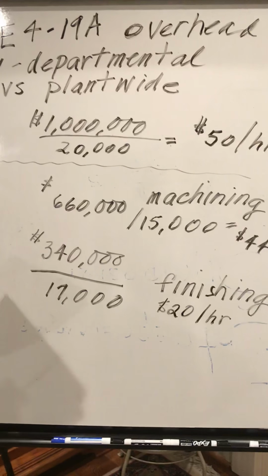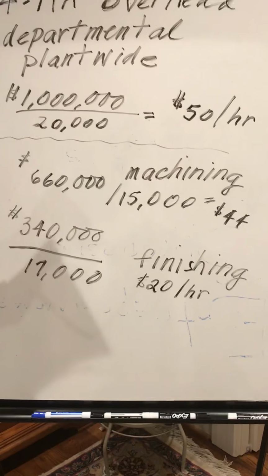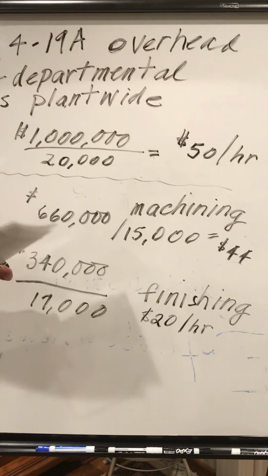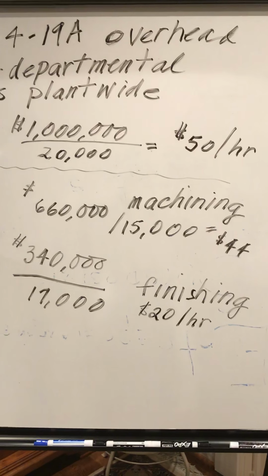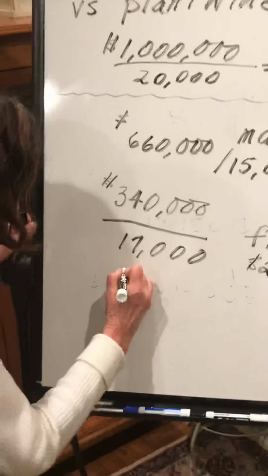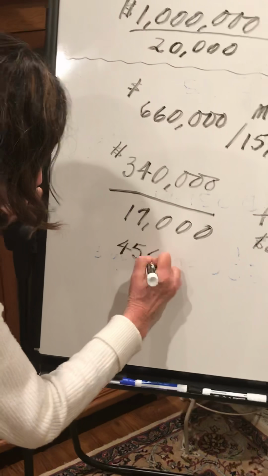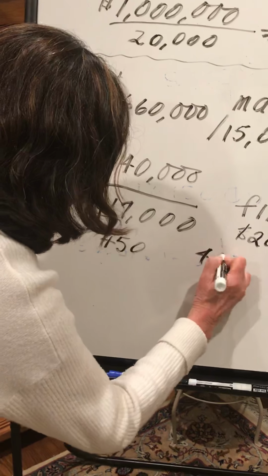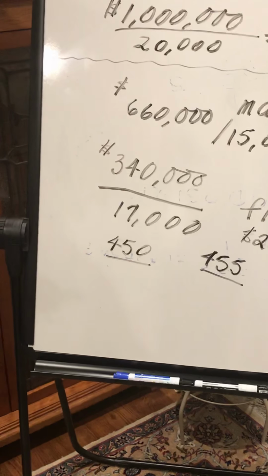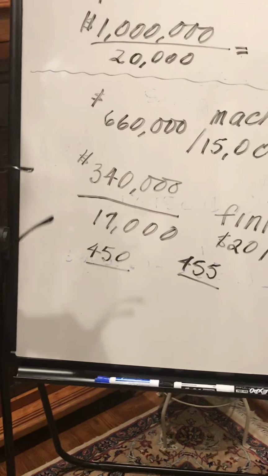So we are asked in this problem to calculate the cost of two different jobs, job 450 and job 455. So job 450 and job 455 both require 5 hours of direct labor.